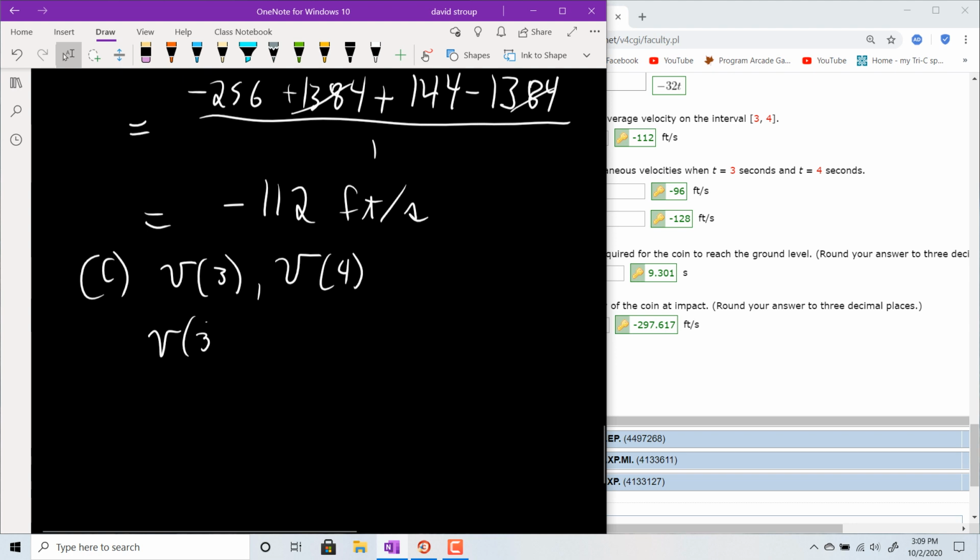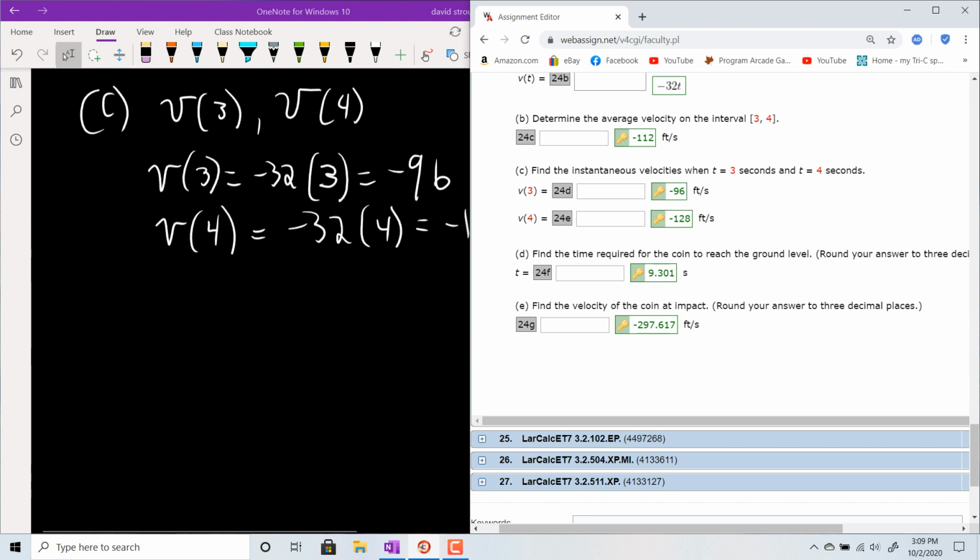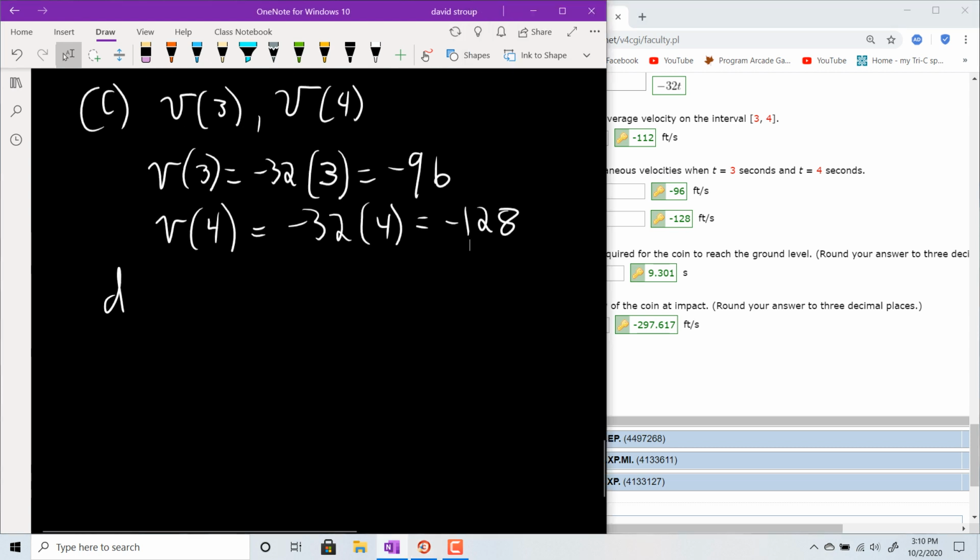So v of 3 is negative 32 times 3, so you get negative 96. And then v of 4 is negative 32 times 4, which will be negative 128.